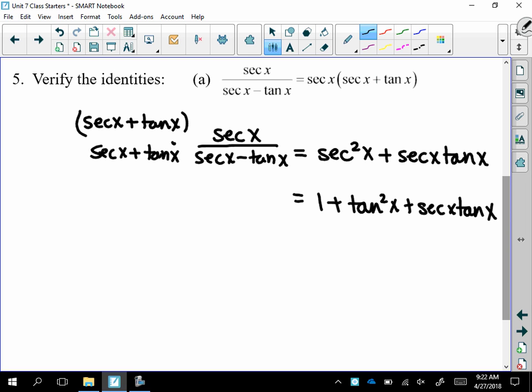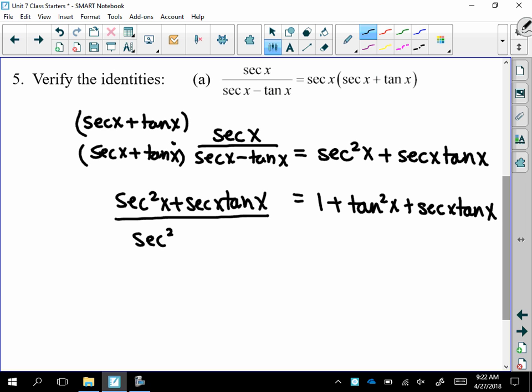So it'd be over 1. So distribute this secant in, and that would give me secant squared plus secant tangent over, and then the denominators, multiplying those conjugates would give me secant squared minus tangent squared.